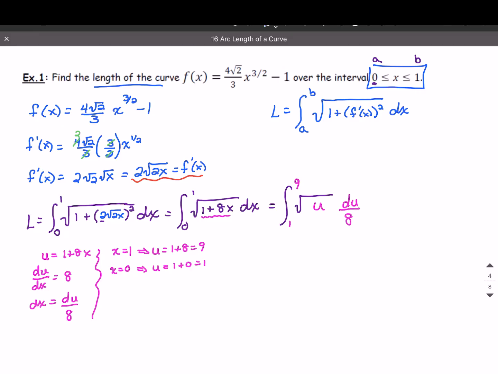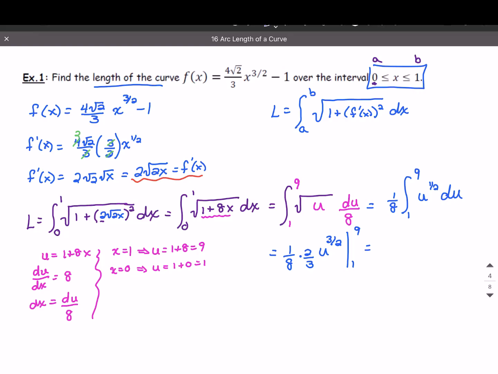So this is going to become 1/8 times the integral from 1 to 9, u to the 1/2 du. So I'm going to bring along my 1/8. Now to take the antiderivative of u to the 1/2, we add 1 to the exponent, so that's 3/2. We divide by 3/2, which is the same as multiplying by the reciprocal 2/3, and we're going to have to evaluate from 1 to 9.